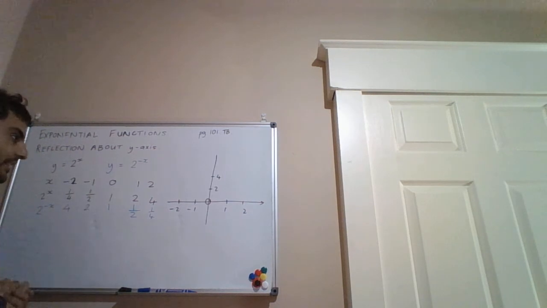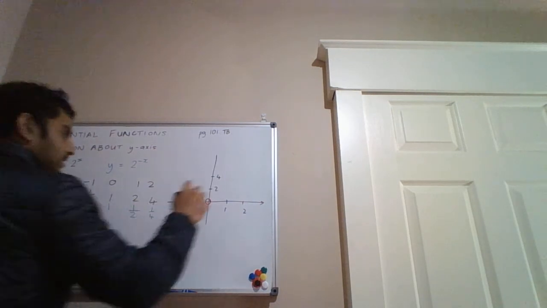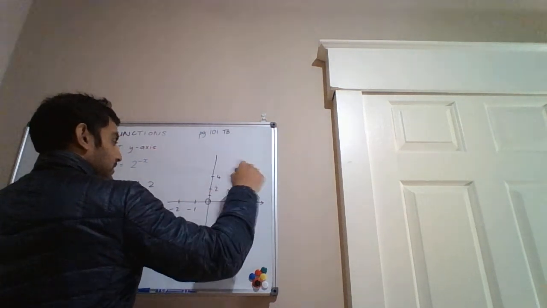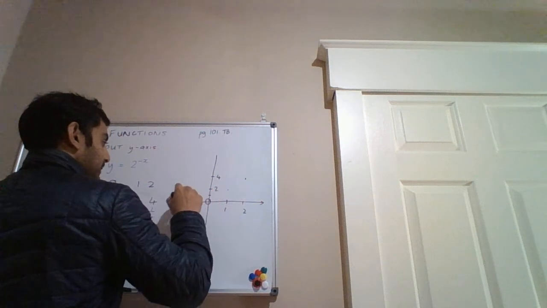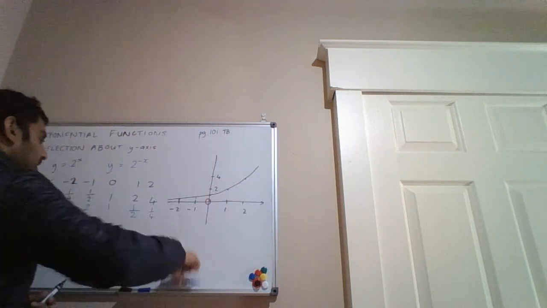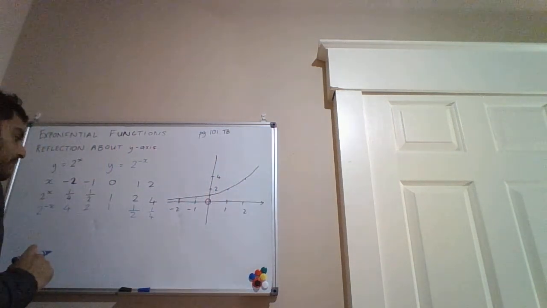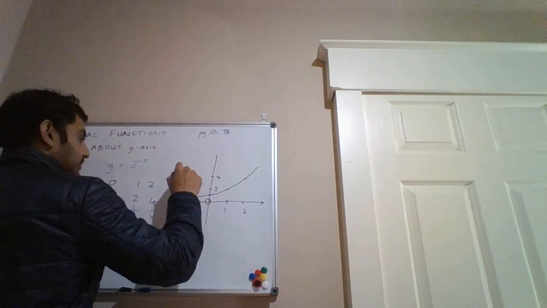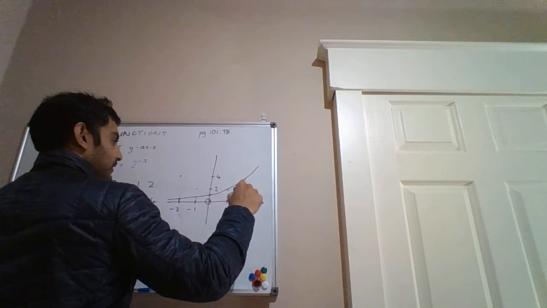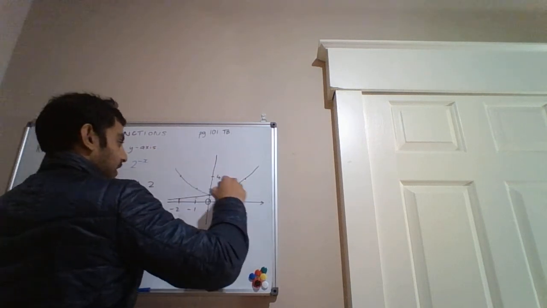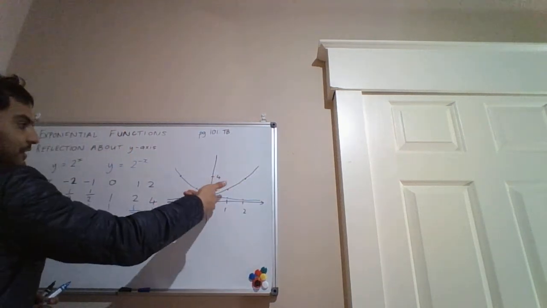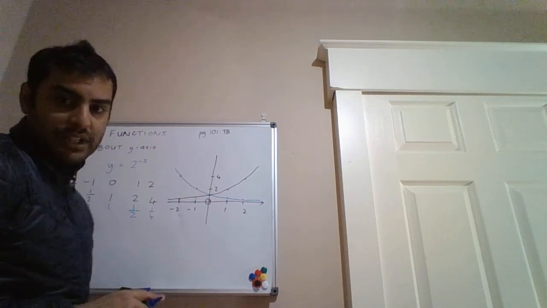This is going to be exactly the same as we did in the first video, so I'm going to do it quite quickly. 0, 1, 1, 2, 2, 4, minus 1, 1/2, minus 2, 1/4. This graph will look like this. For the blue graph, we have minus 2, 4, minus 1, 2, 0, 1, 1, 1/2, 2, 1/4, and the graph looks like this. So we can see that the blue graph is like if we took this graph and flipped it about the y-axis.